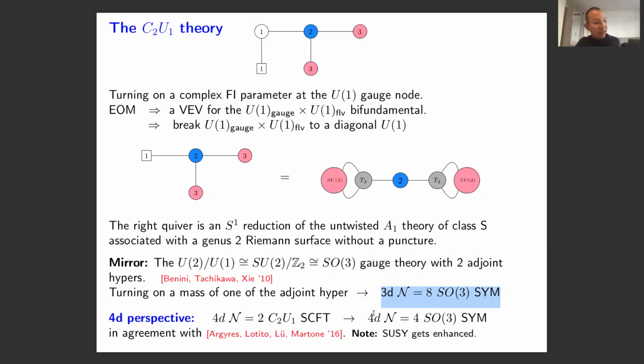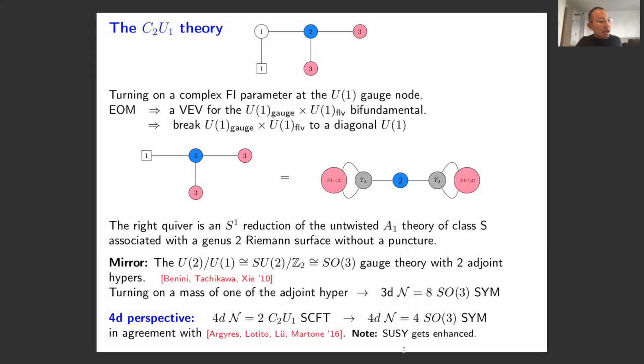So what do you expect from the 4D perspective? You start from the 4D N=2 C2U1 SCFT. You give mass deformation. It can land on 4D N=4 SO3 super Yang-Mills. In fact, this deformation, fortunately, has been studied by these people, and we agree with them, of course, using the mirror quiver.